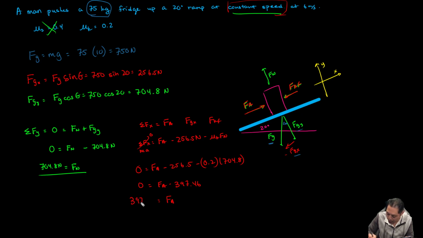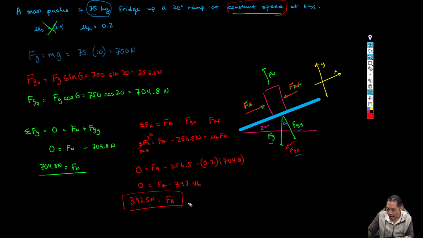I'm just going to round it off, 397.5 newtons. So I have all the unknowns now. I didn't do it, but this is force of kinetic friction, which I should have done on its own. Here's force normal, here's force applied, and then here is force of gravity, and I think that's it.